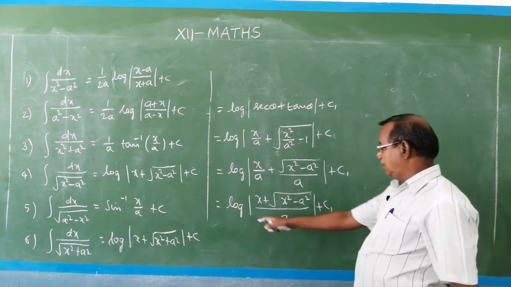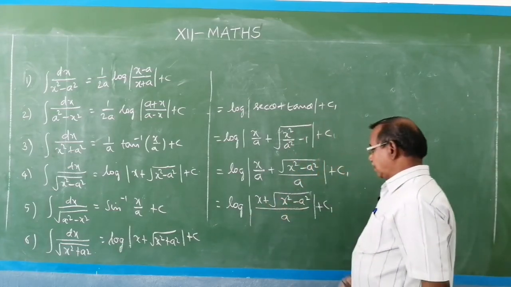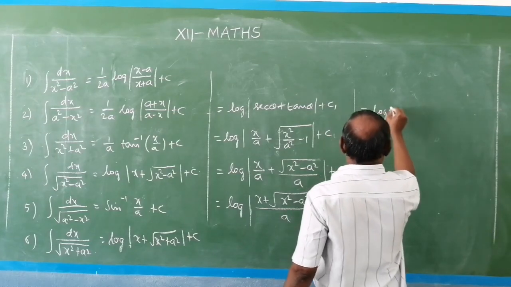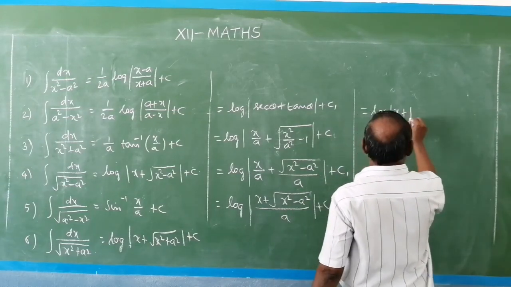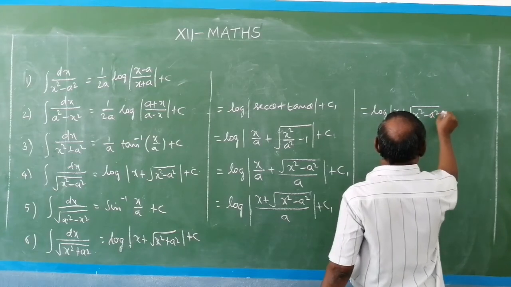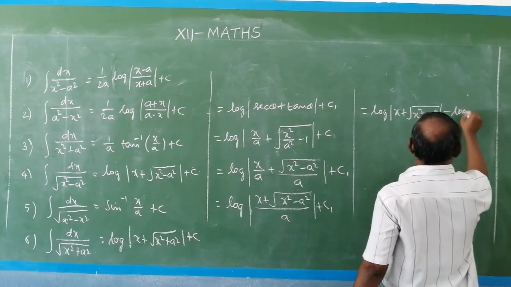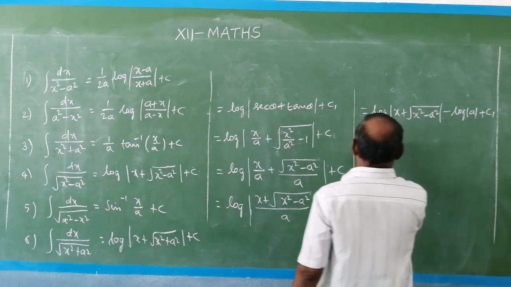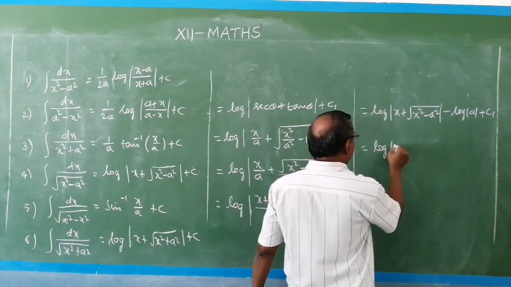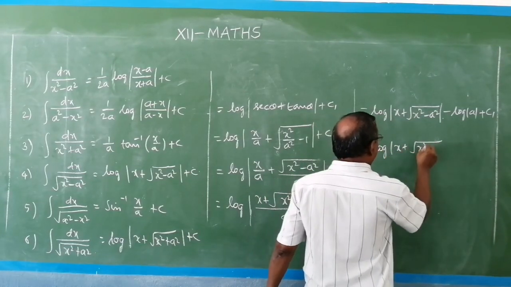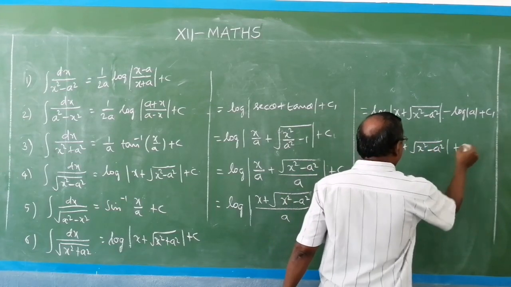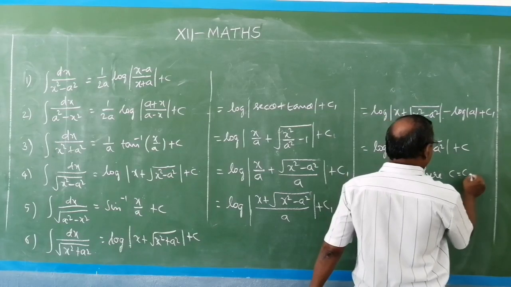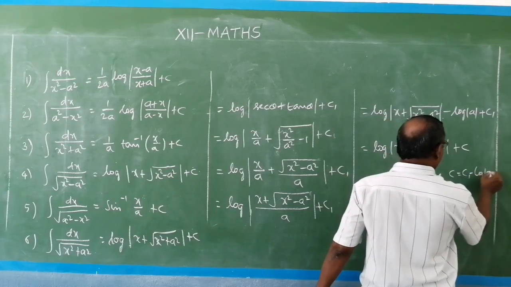We know that log of a by b equals log a minus log b. Accordingly, this is equal to log of modulus of x plus root of x square minus a square, minus log of modulus of a, plus c1, which is equal to log of modulus of x plus root of x square minus a square plus c, where c equals c1 minus log of modulus of a.